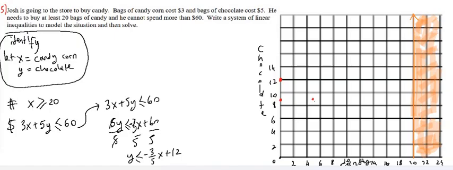Then again, 3 down from 9 is 6, and 5 right is 10. 3 down is 3, and 5 right is 15. 3 down is 0, and then 5 right is 20 here. So our line is connecting 12 to 20.